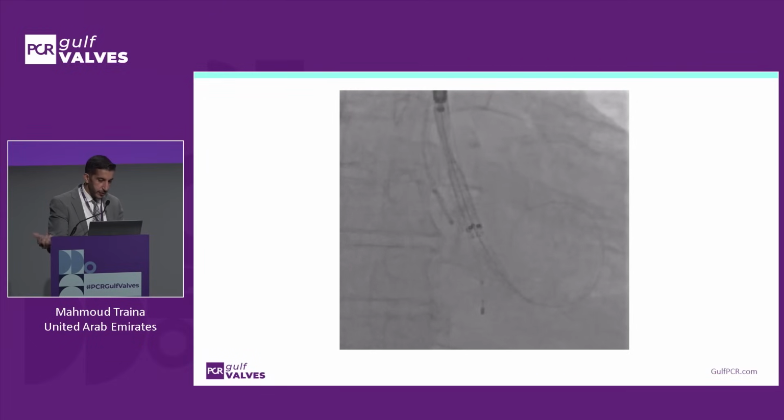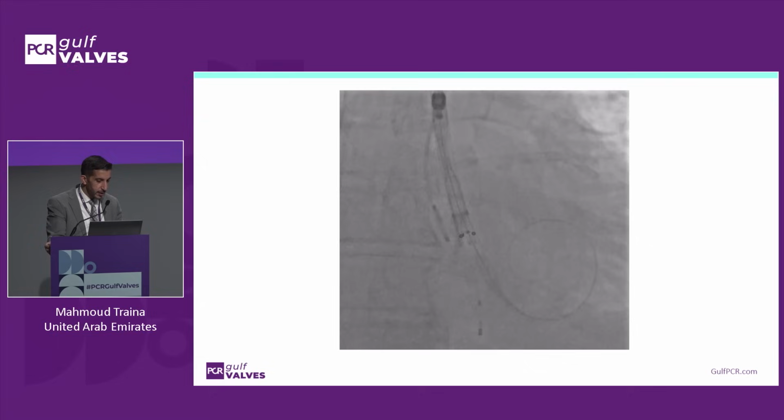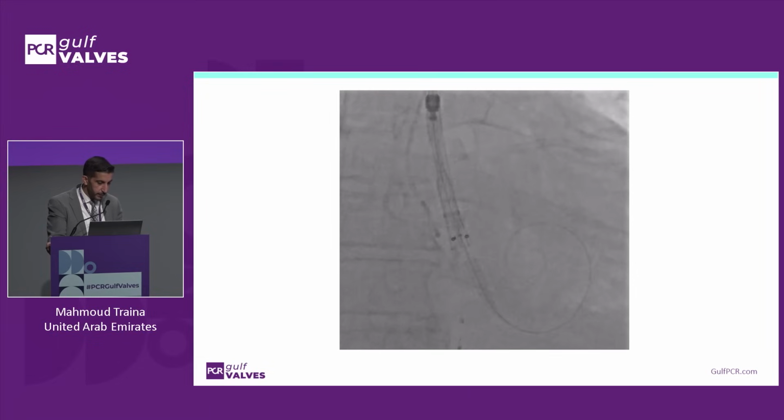And then one of the nice features of the Navitor system is that the positioning valve is pretty stable during your deployment, even without a lot of rail, not a lot of manipulation to keep it in the right position. Hemodynamics are pretty stable, even under pacing right here. Patient tolerated this pretty well, and you can see that it doesn't really move.